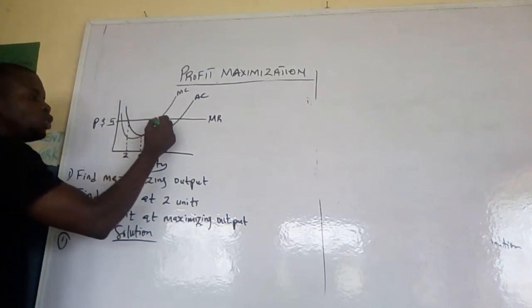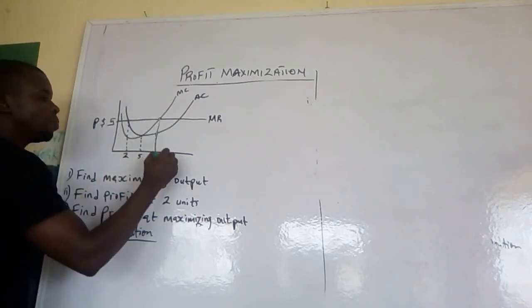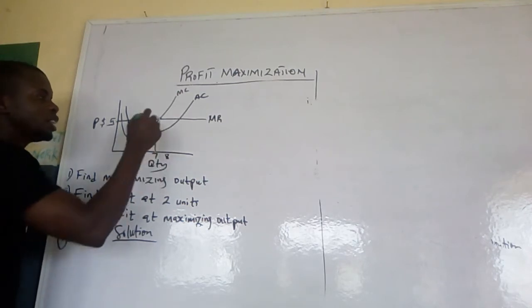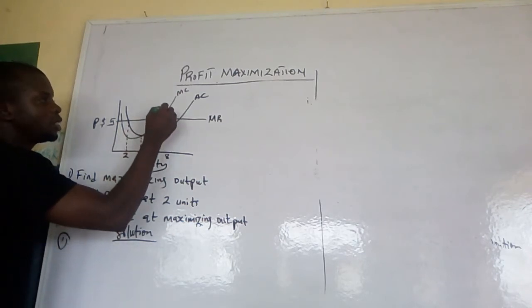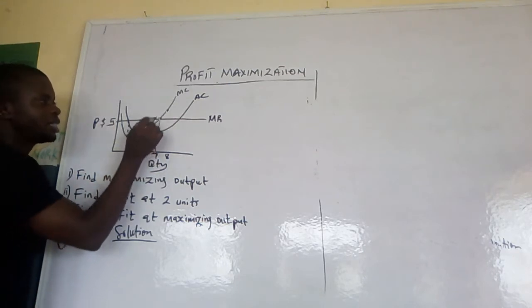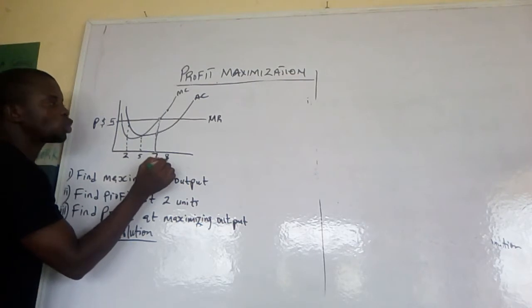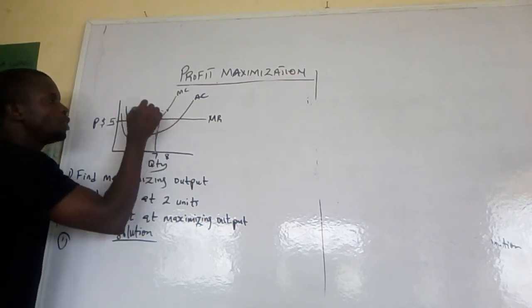If you want to produce above this, for instance, I want to produce 8 units, the point is going to be here. And what does that mean? It means that the additional cost incurred to produce these extra units to make it 8 will come this way.